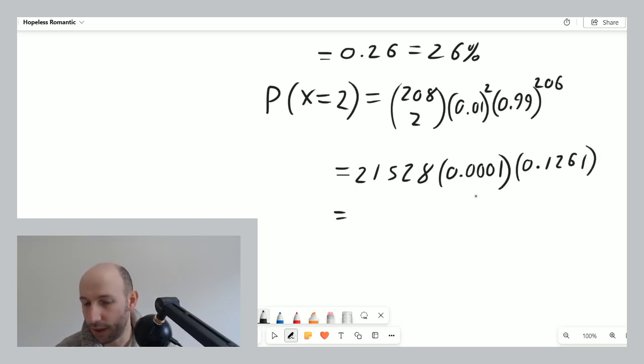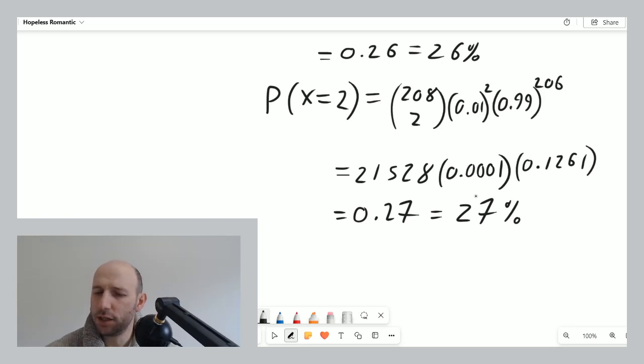And when we multiply all of that together, because of that huge 21,528, we get 0.27, which is 27%.